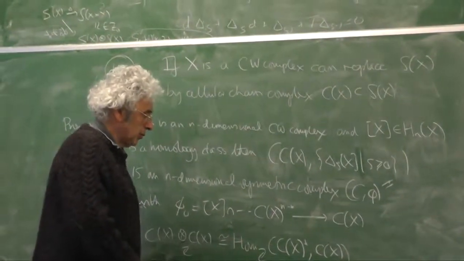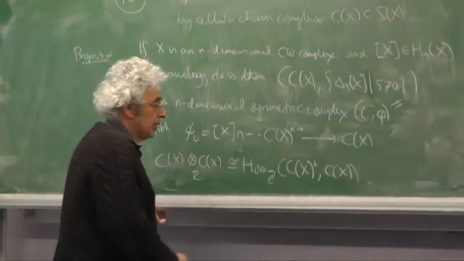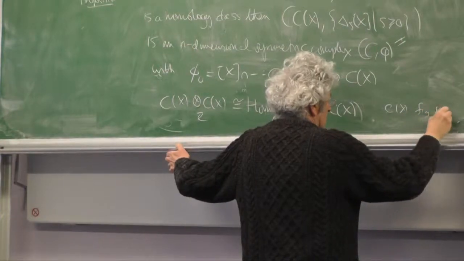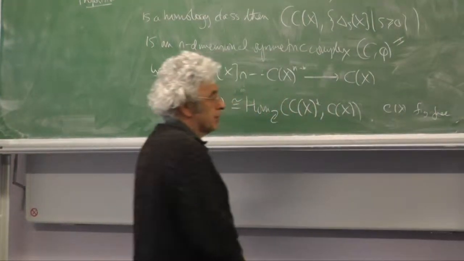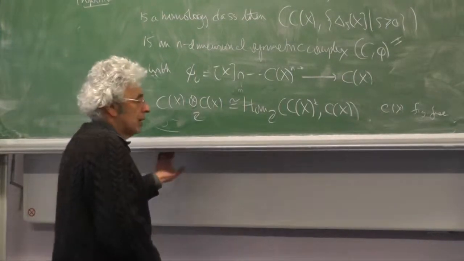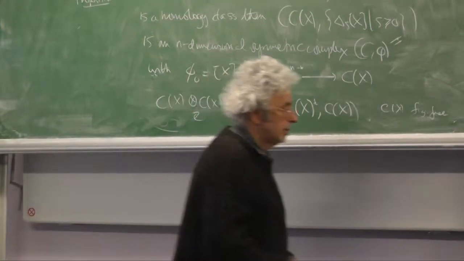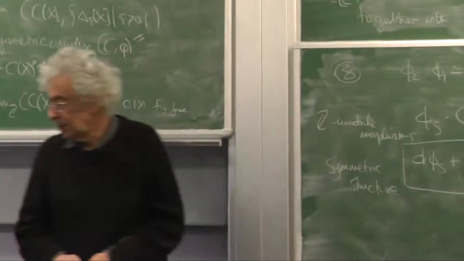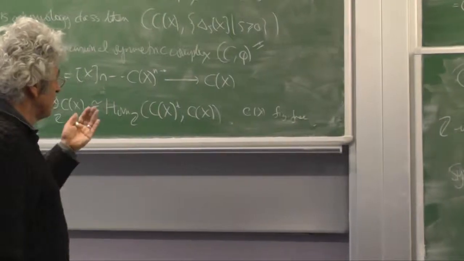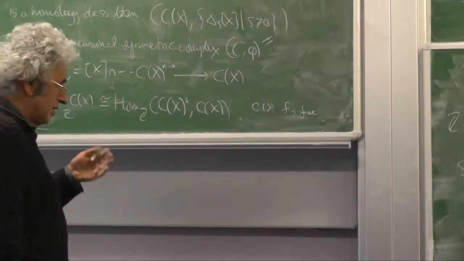This only really works when CX is finitely generated free, as it is for a finite CW complex. So, let's carry on. So now I will use the word Poincare. And then I'll suppose the next proposition would be: if X has Poincare duality, then C phi has Poincare duality.